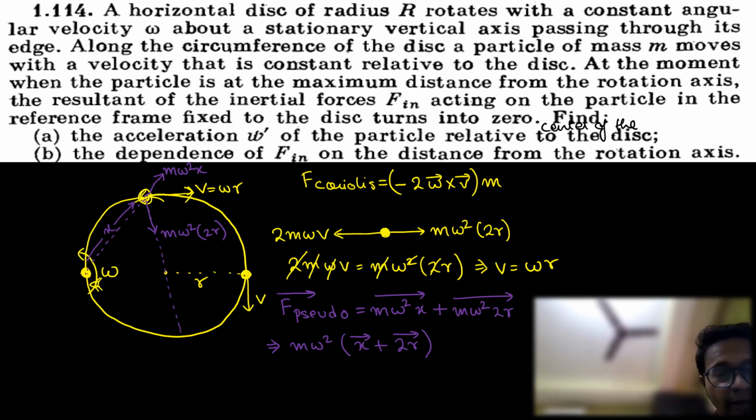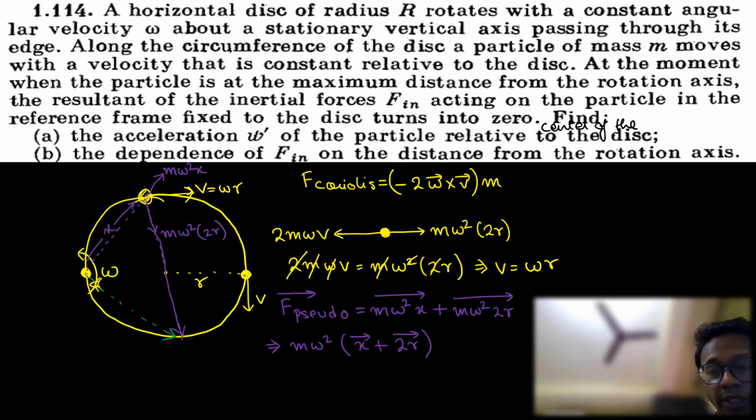If I add these two vectors, x and 2r vector, can I apply the triangle law of addition? First vector, second vector, the resultant vector is from the tail of the first vector to the head of the second vector. So this is our resultant vector.